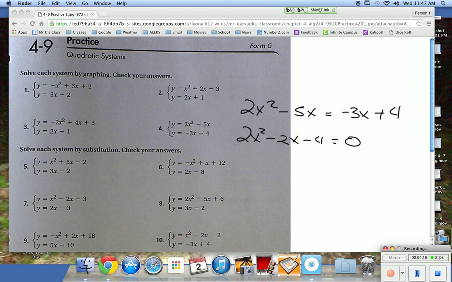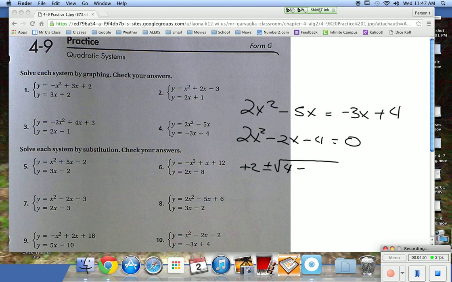All right. Minus a negative 2 is a plus 2, plus or minus. So b would be minus 2, right? So that'd be 4. Minus 4ac. So it'd be 4 times 2. 4 times 2 is 8 times 4 is 32.